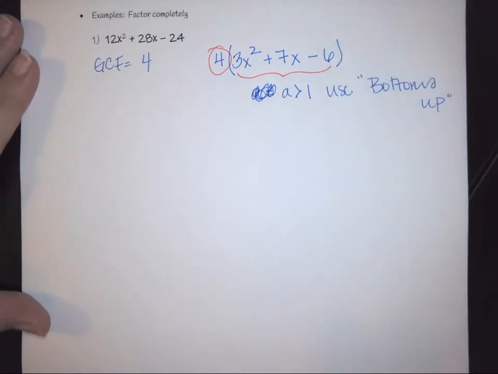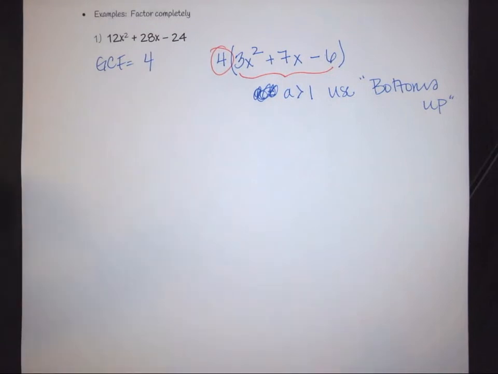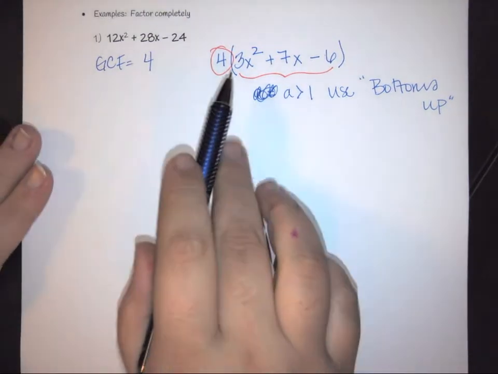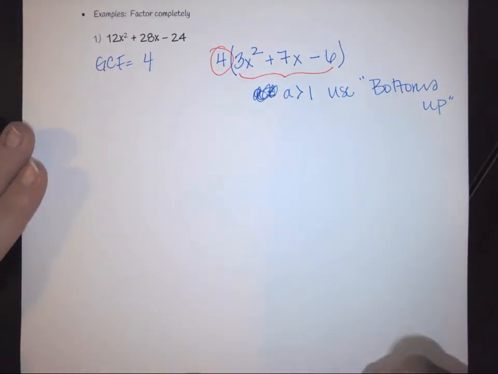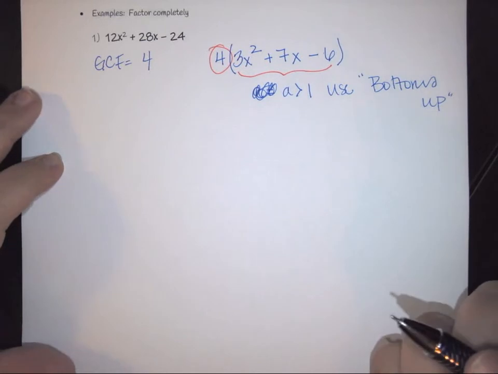Okay. So that's the method that I would suggest using. Now obviously, could you approach it in other ways? Sure. I would suggest using the bottoms up method because this A term is greater than 1, and this method is just going to make it a lot faster to get to your factors.